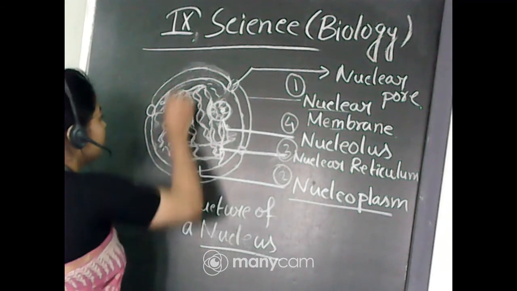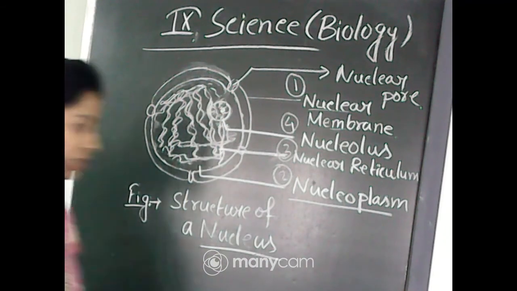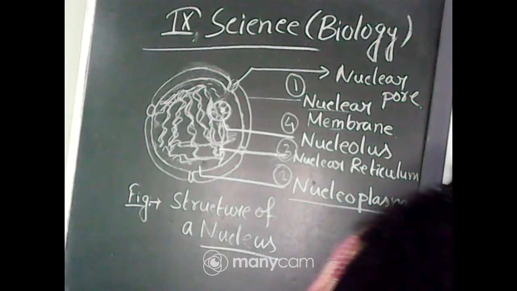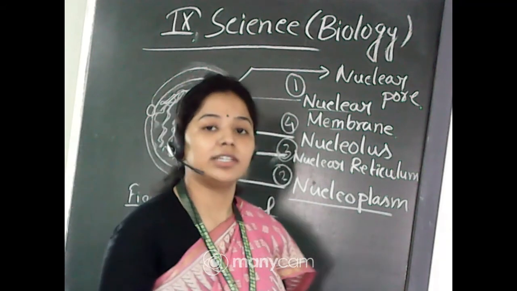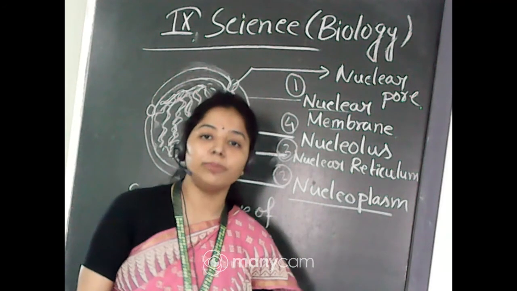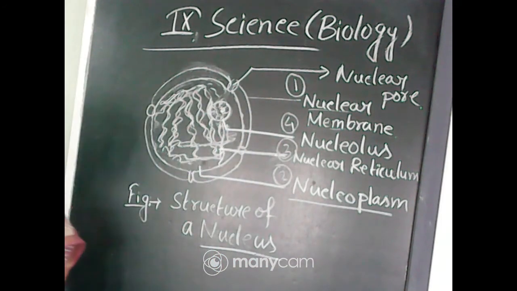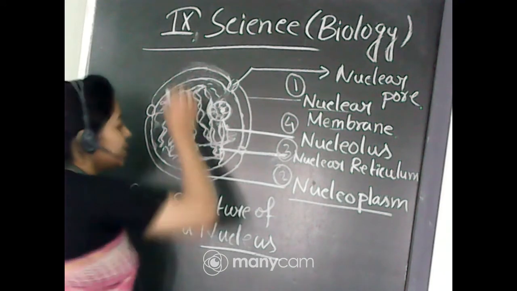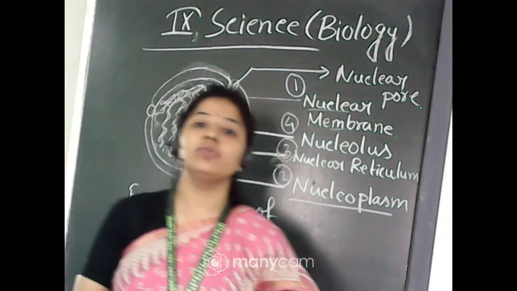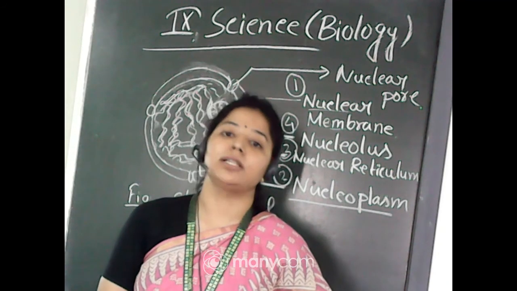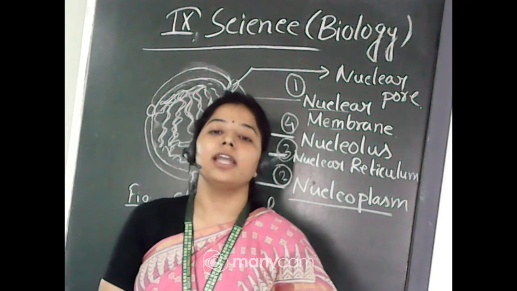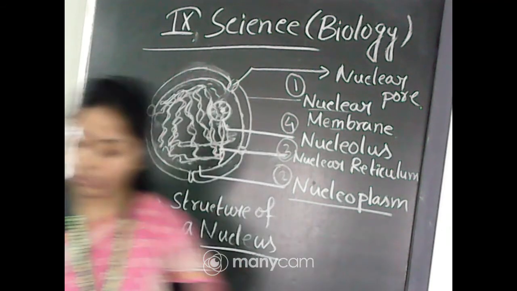The inside of the nucleus has a clear, transparent, acidic and semi-liquid substance, that is known as nucleoplasm. Many nucleoproteins and enzymes are found in nucleoplasm.